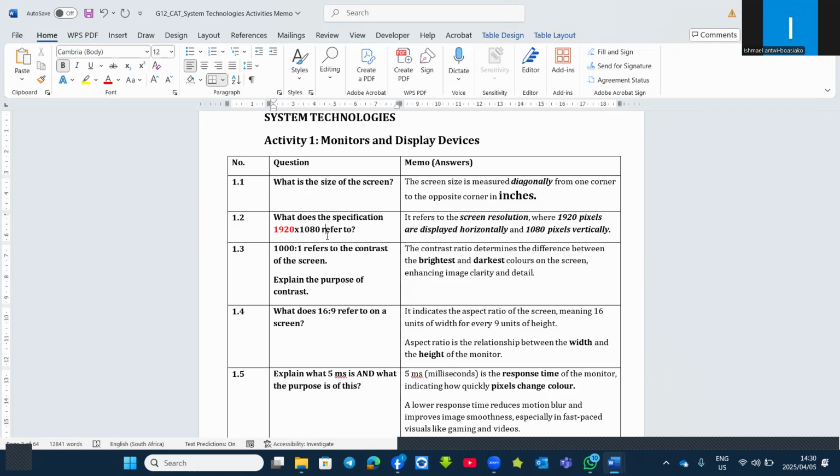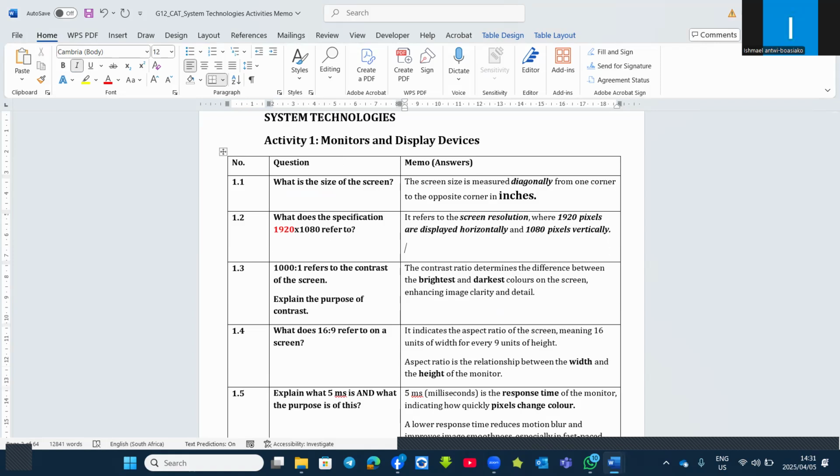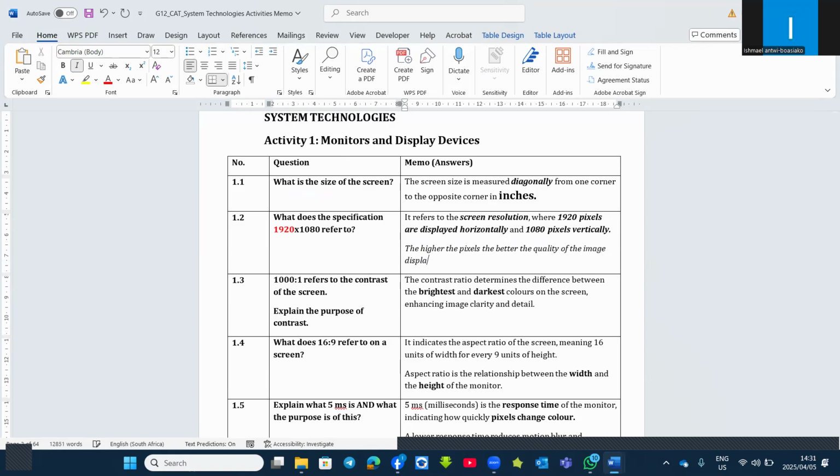And then the higher the number of pixels, or the number of tiny dots on the screen, the better the quality of the image displayed. So the effect of the resolution is that the higher the pixels, the better the quality of the image displayed.